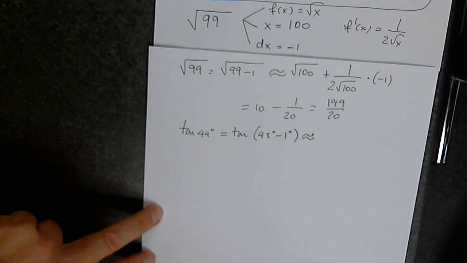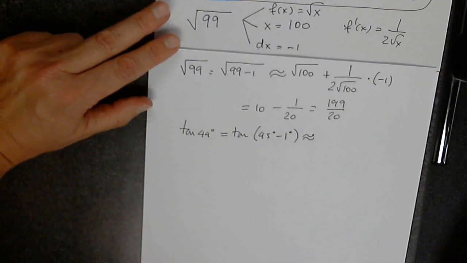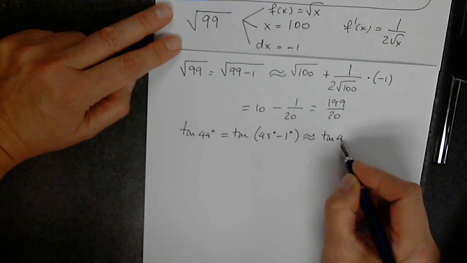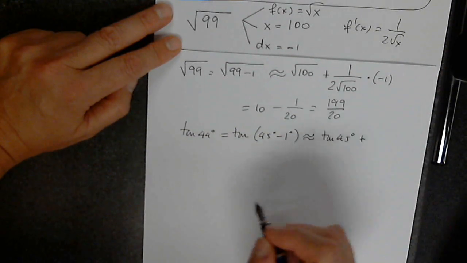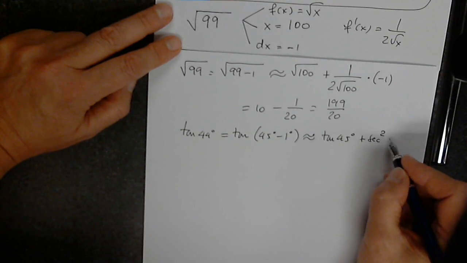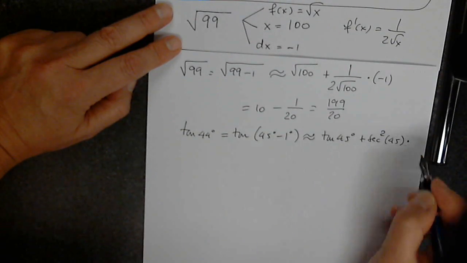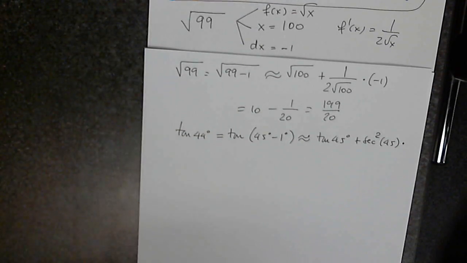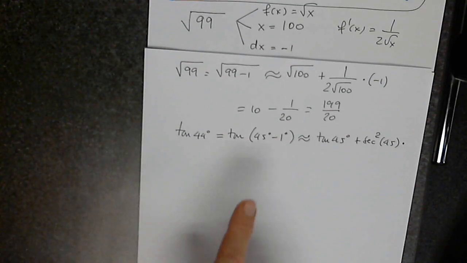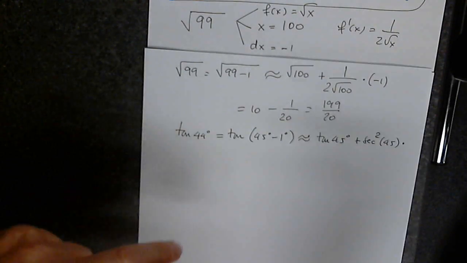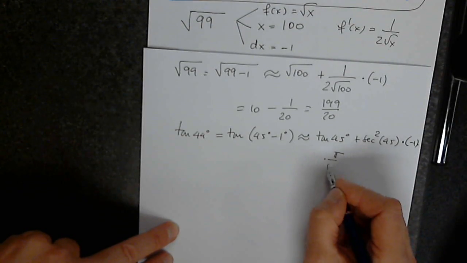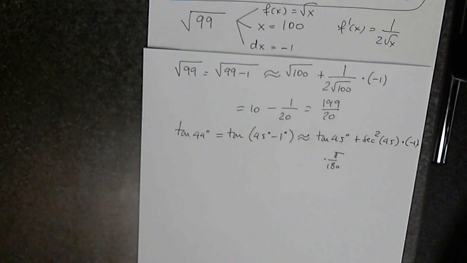It is approximately, for sure, equal to what? Tangent of 45 plus secant squared of 45. Since in calculus I cannot use degrees, I have to change 1 degree, because it's negative 1, into radians, multiplied by pi over 180.